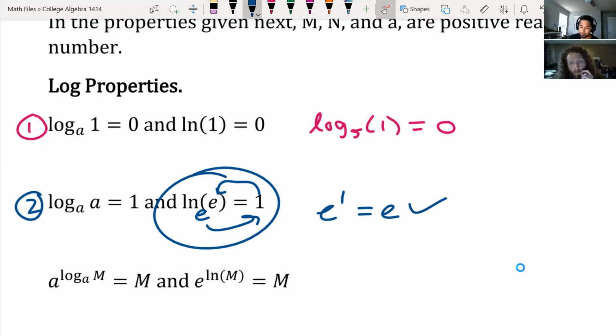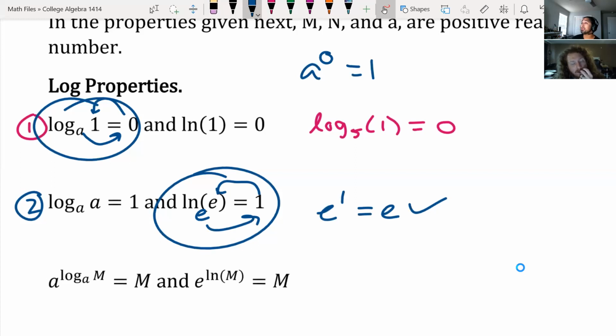We could even do the same for the log in the first problem. If I converted this from log to exponential, well, a to the 0th power is equal to 1. And we know that anything to the 0th power is 1. So remember, since they're inverses, we now can say that the log of 1 is 0. So these are where these properties come from.